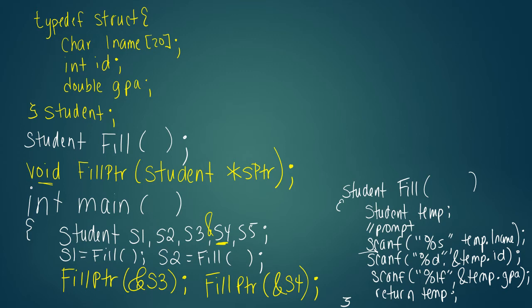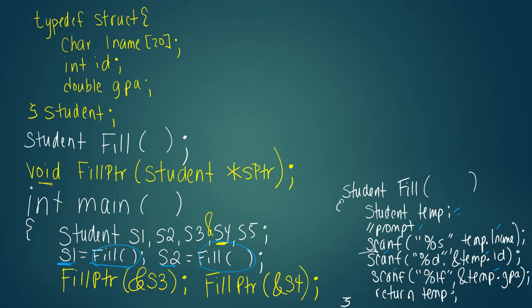So in this instance, that would be calling this function right here, fill. It would jump over here, declare a temporary, enter the last name, scan into the last name, enter the ID, scan in the ID, enter the GPA, scan in the GPA, have that all filled, take that result and assign it to S1. Then with S2, you do the same thing: you jump here, declare a temporary, fill it, and assign that result to S2.